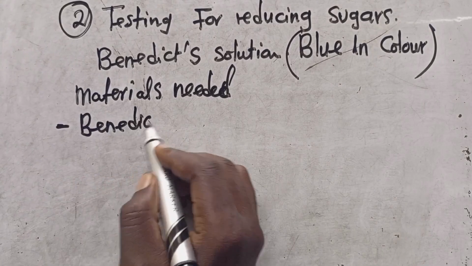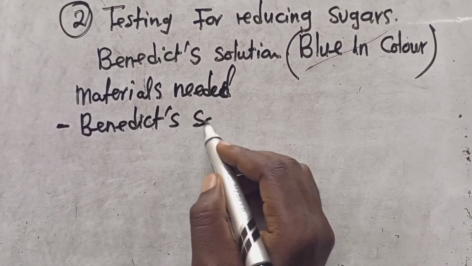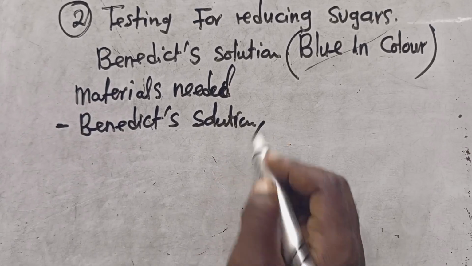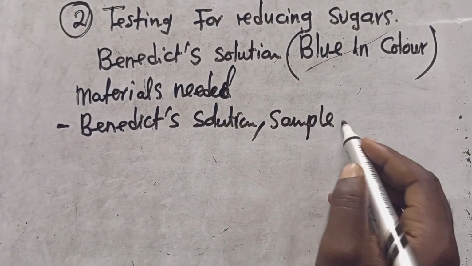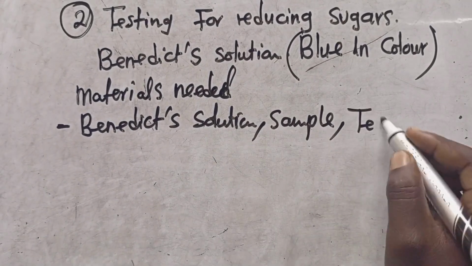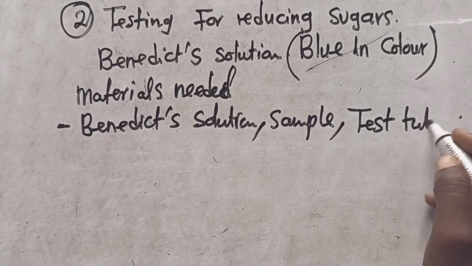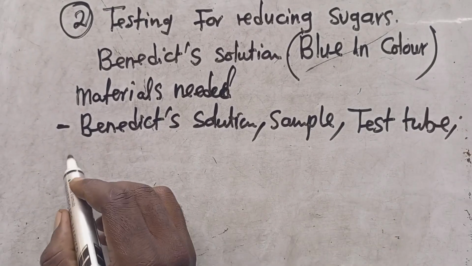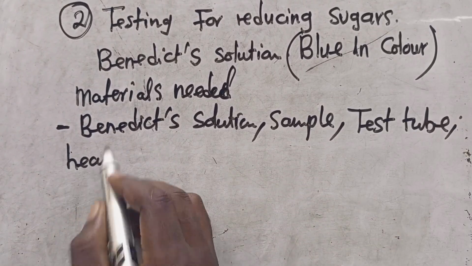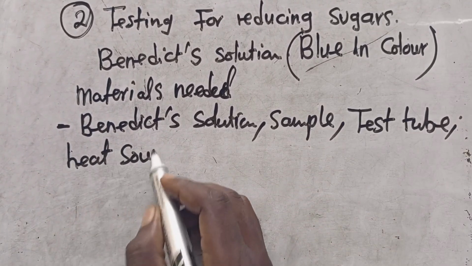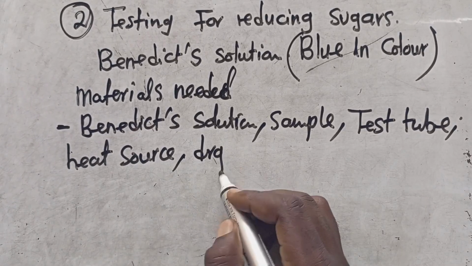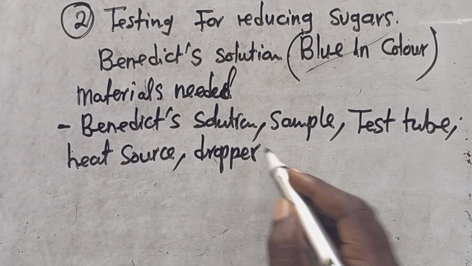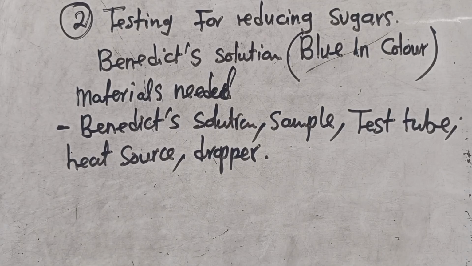You need to have a sample that you are testing. You need to have a test tube. You also need to have a heat source, that can be a Bunsen burner. You also need to have a dropper. So these are certain materials that should be there.